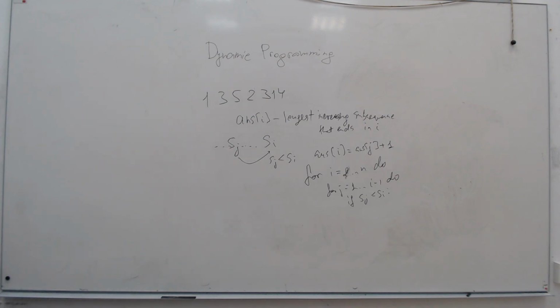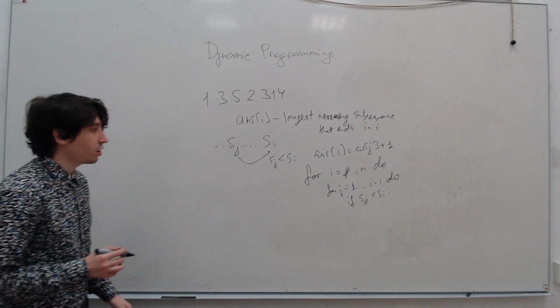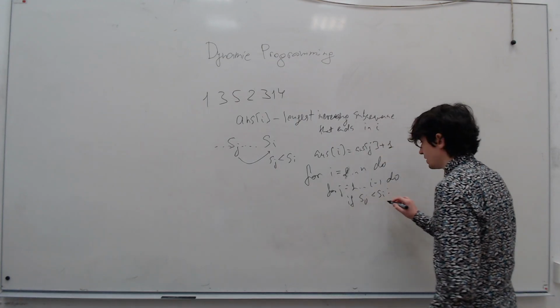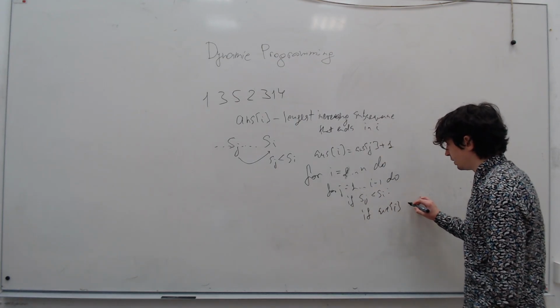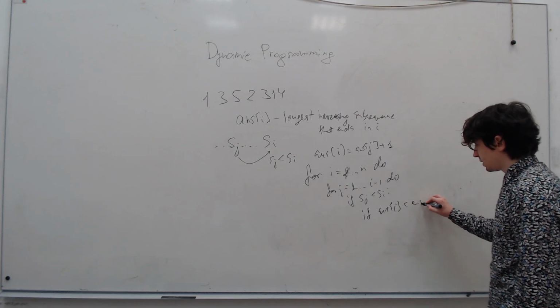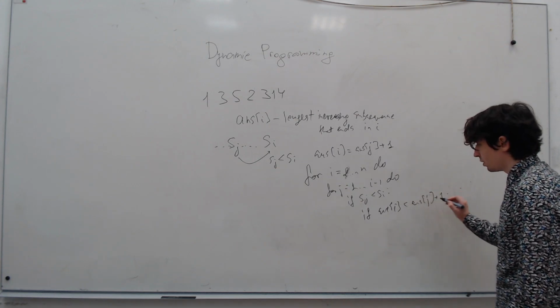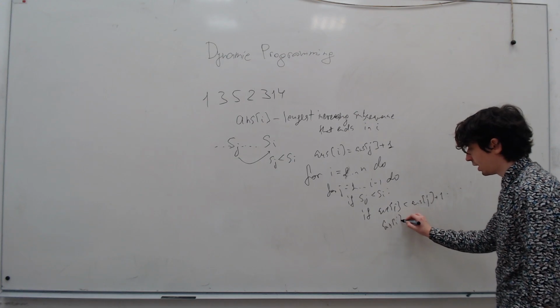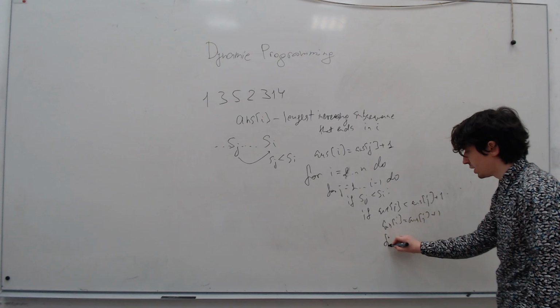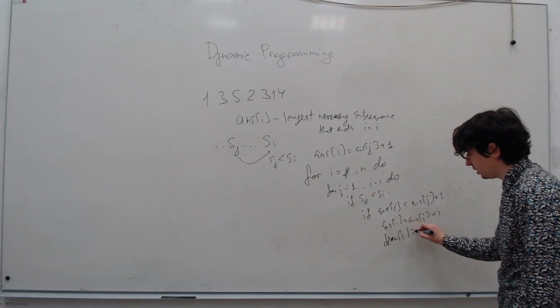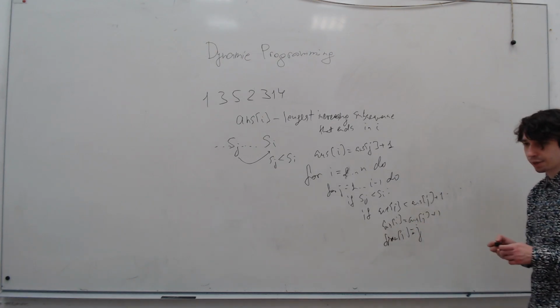No worries, it's internet connection. But I think you already got it. If Sj is less than Si and if ans i is less than ans j plus 1, then you set ans i equals ans j plus 1, and you set from i equals j. Simply like that.